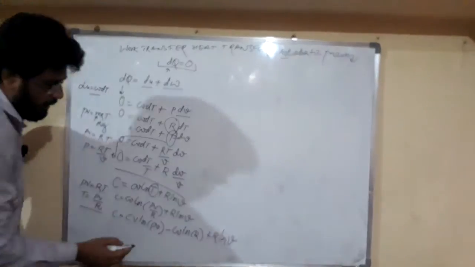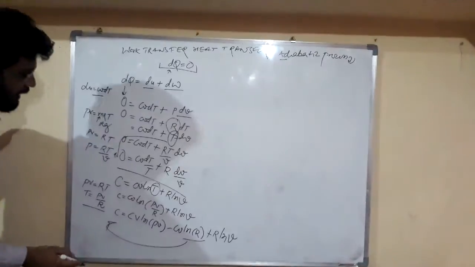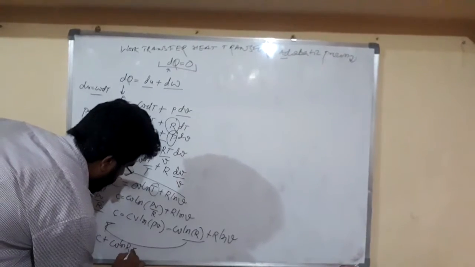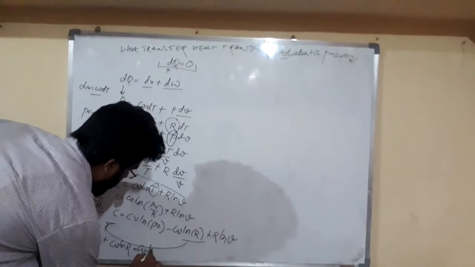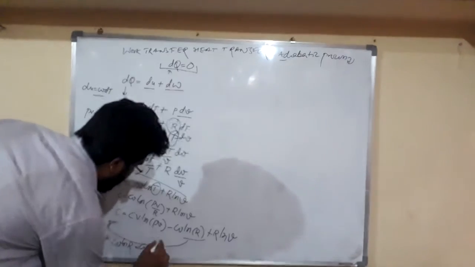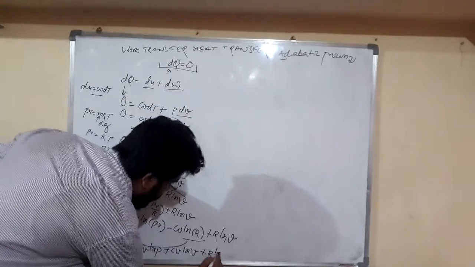Now friends, this is constant, so this goes toward our constant side and this plus becomes total constant friends. c plus cv ln r equals, we will write this separately, cv ln p plus cv ln v plus r ln v.